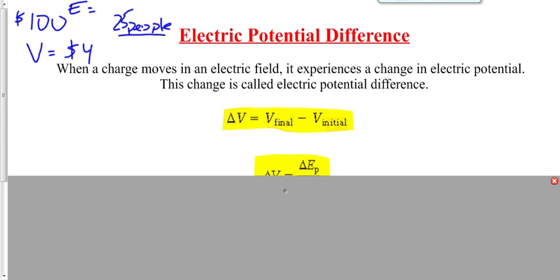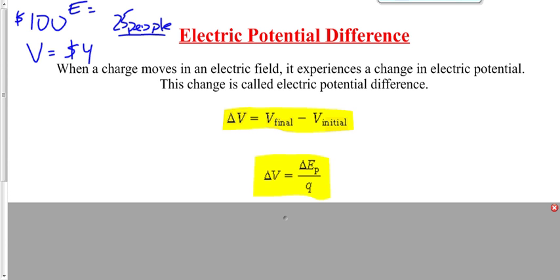But the other way that we can find it is to say it's equal to the change in total energy per coulomb of charge. So it's like, you go to 7-Eleven, we all spend $2.50. That's 25 of us spending $2.50. We've just spent $62.50 on Slurpees. The change in energy was $62.50, right?